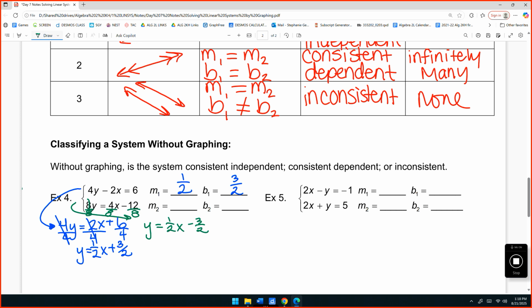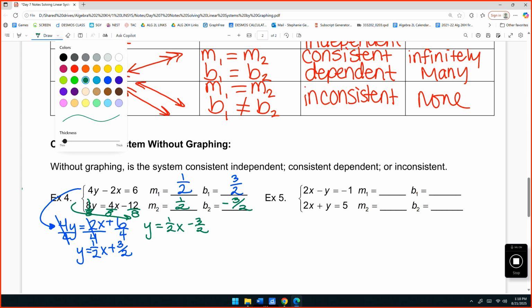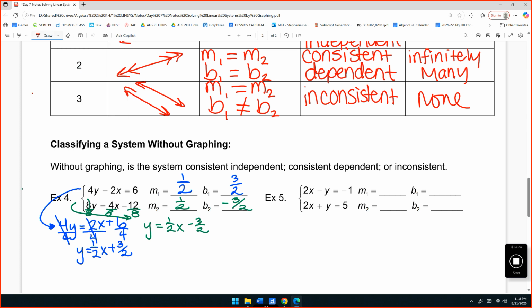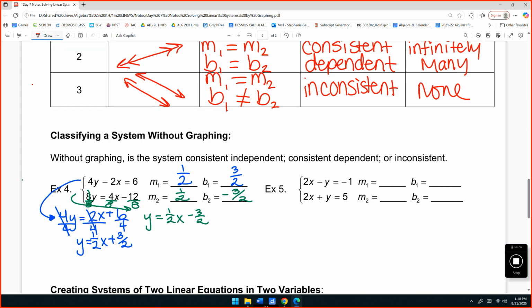So this one has an m2 of 1/2 and a b2 of negative 3/2. So without graphing, I notice m1 equals m2, but does b1 equal b2? No. So that means this one is inconsistent.